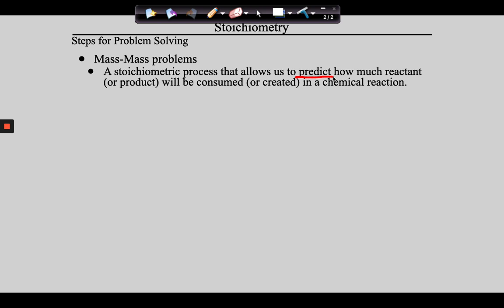So prediction is sort of the pivotal idea here, guys: when we do stoichiometry, we are predicting how much reactant or product a reaction will consume or create.